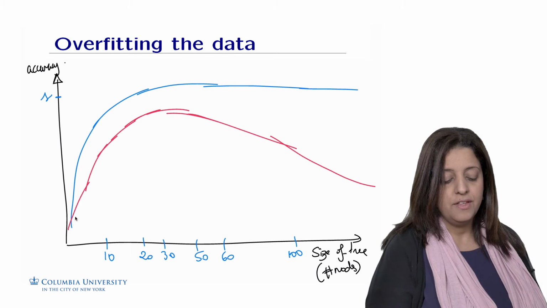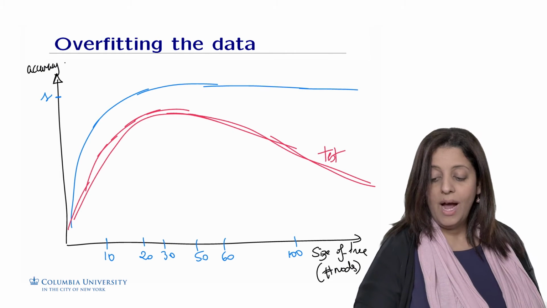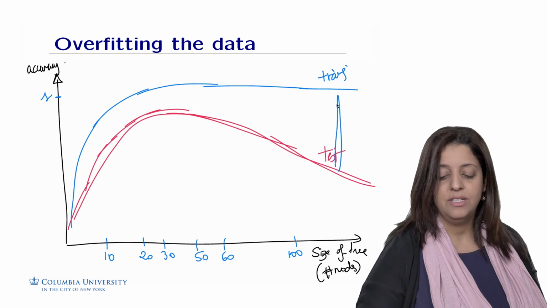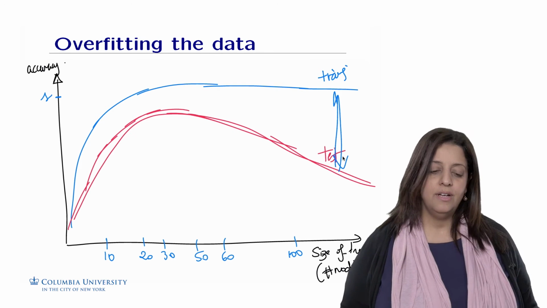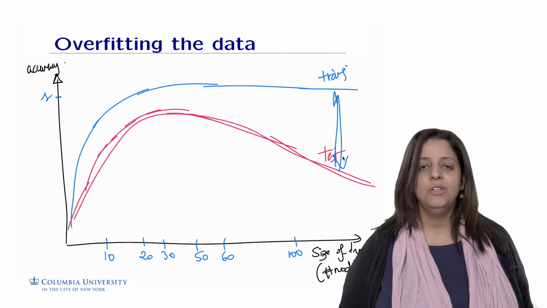So your accuracy on the test set will be going down. So this is the test. While you observe that you are doing better and better on the training data. And here you could see that this gap in accuracy is simply due to the fact that your decision tree is really specific to the data that you have in your training set.